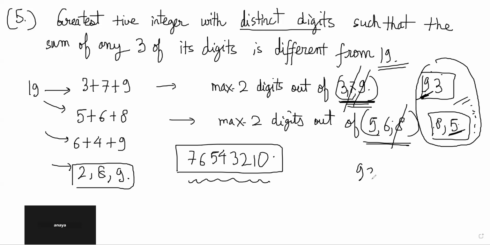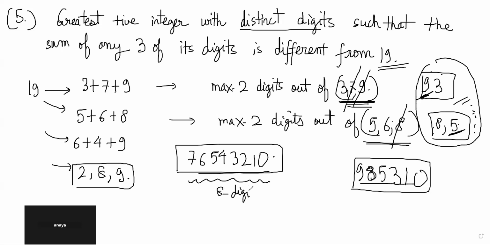If I use all these four, I can make 9, 8, 5, 3, and after that maybe 1 I can use, 0 I can use, 2 I can't use, 4 I can't use. 6 can I use? No, because 6, 5, and 8 make 19. So maybe the maximum I can make is this number, but this is much smaller than this 8 digit number that we have found here.